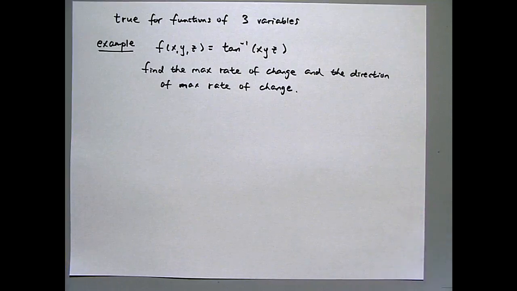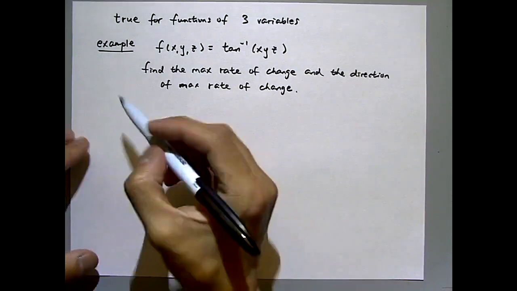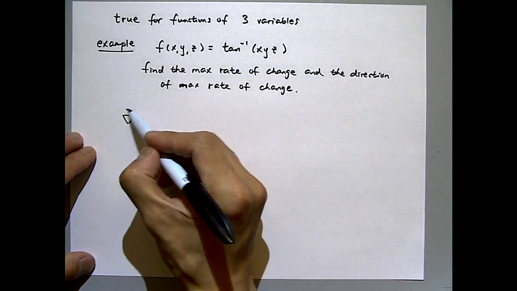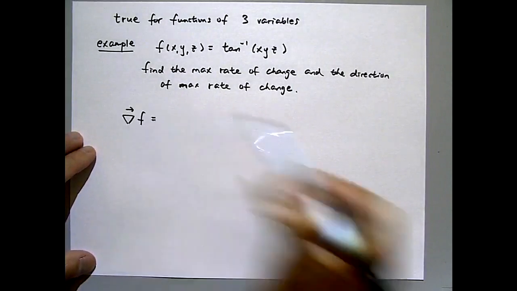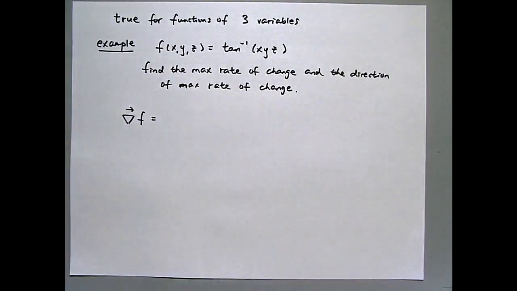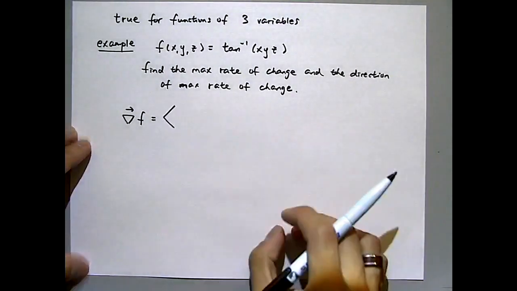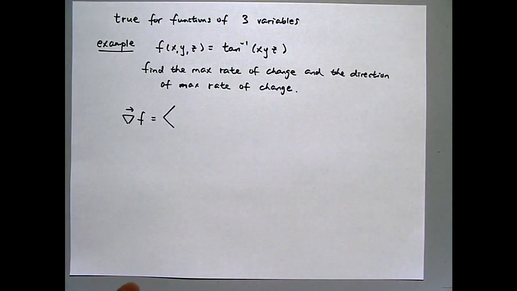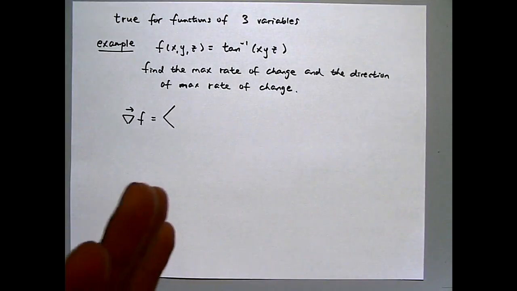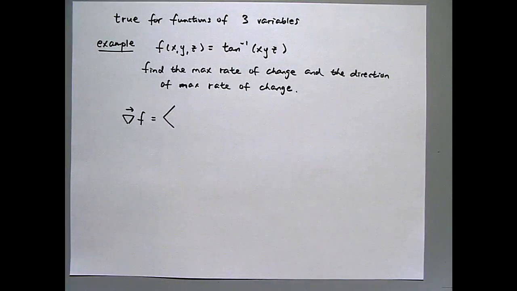Okay, same thing. The gradient vector will have all the answers we want. Find the gradient vector, and we are done, right? Okay, if you remember the derivative of inverse tangent, we did that last week. Remember? 1 over that thing squared times the derivative of that thing.